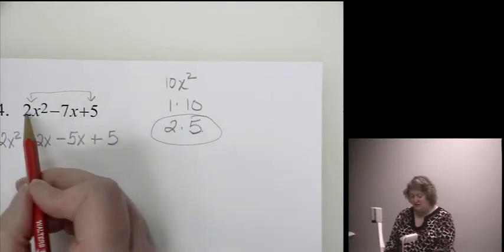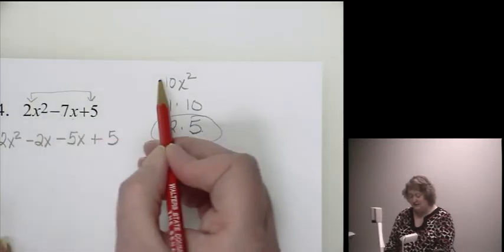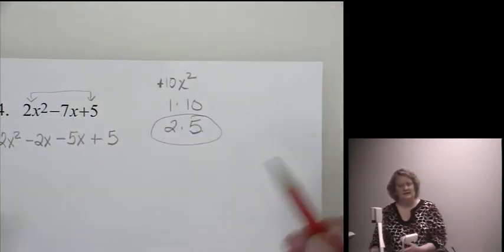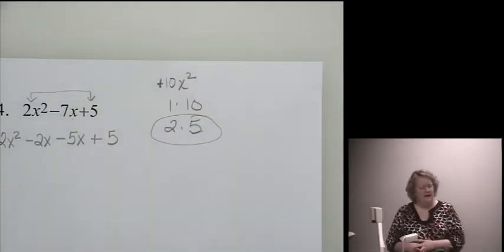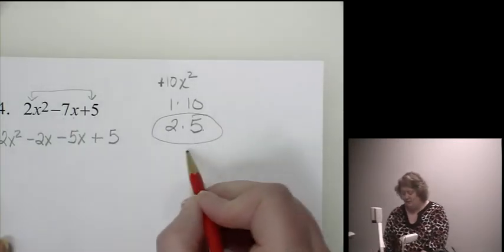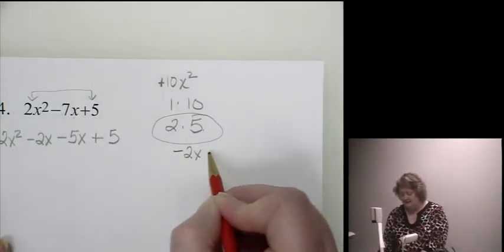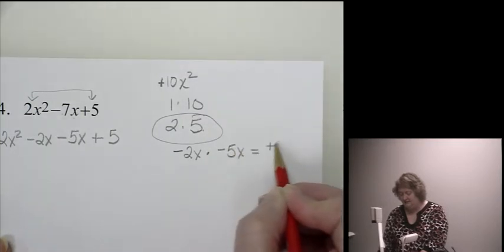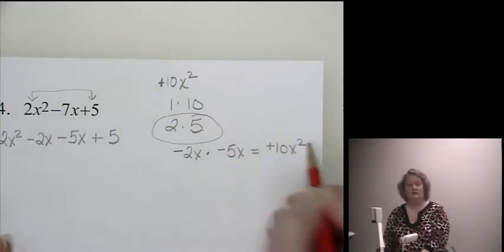Now notice that 2x squared times 5 is a positive 10x squared. So that means I need to multiply to be a positive. Well, is a negative 2x times a negative 5x equal to a positive 10x squared?